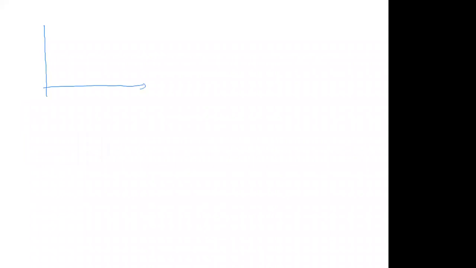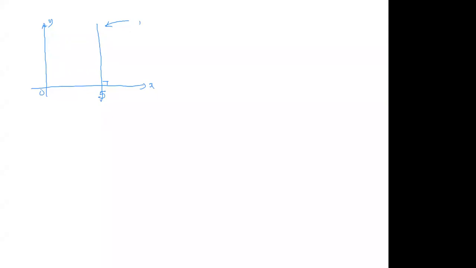If I have a straight line that is perpendicular to the x-axis, what is the name we give to this straight line? What is the equation of this straight line? x equals 5.